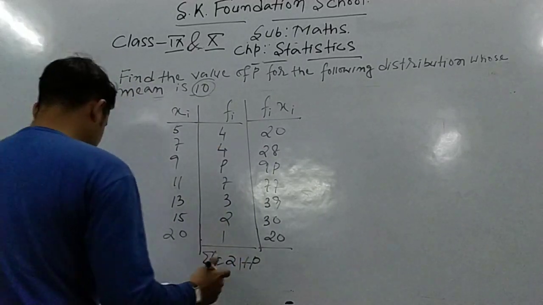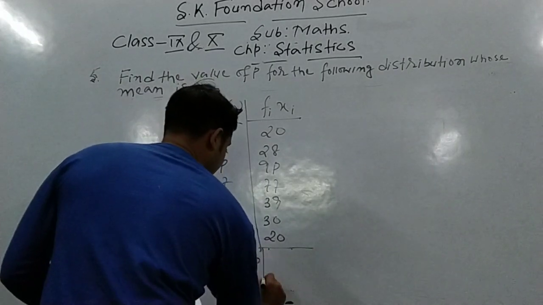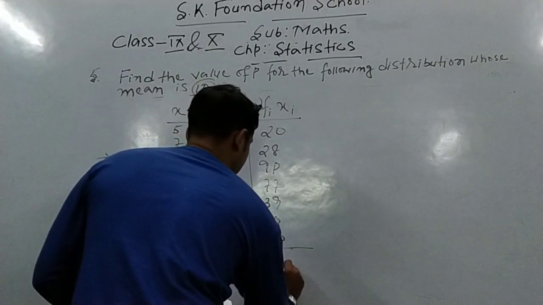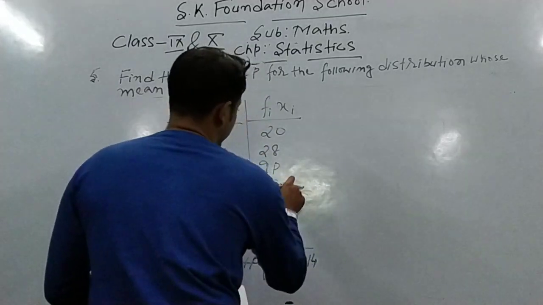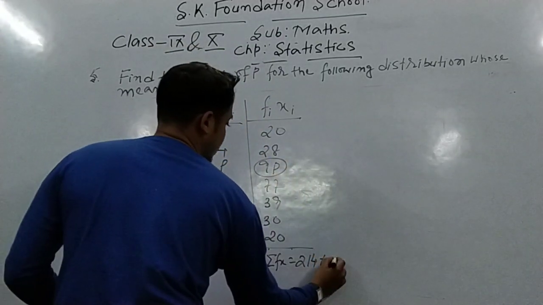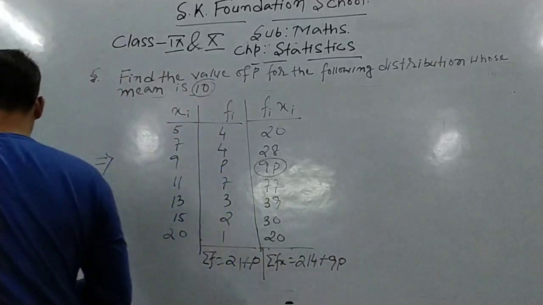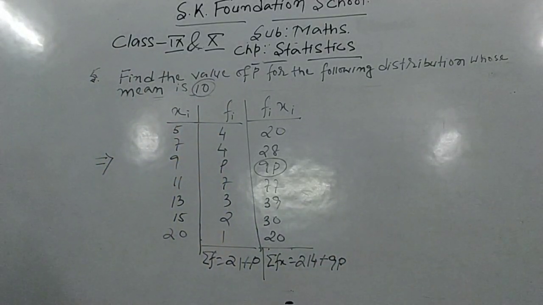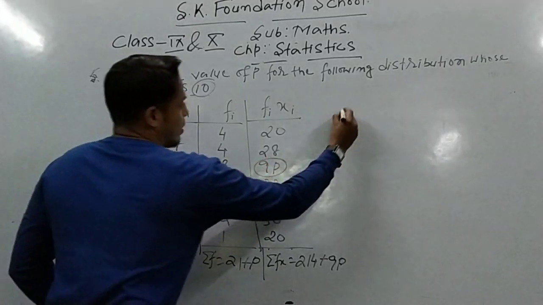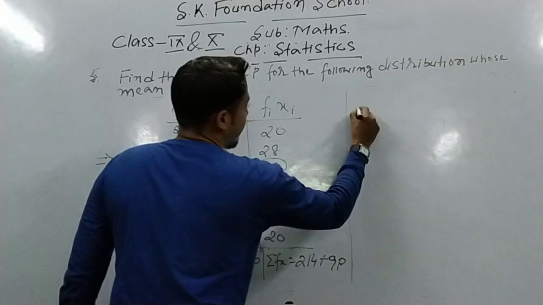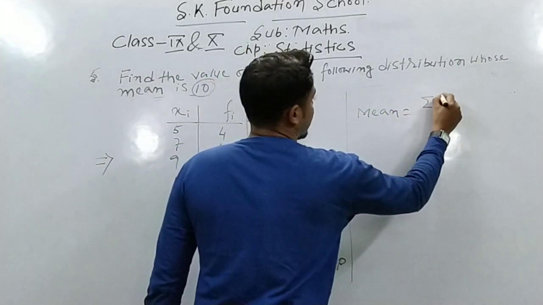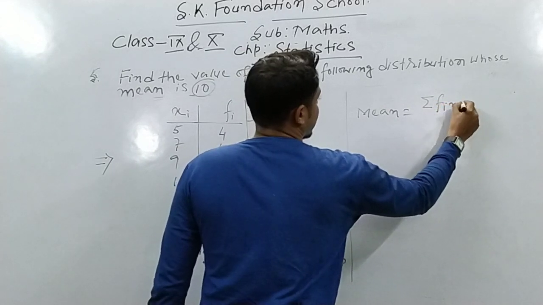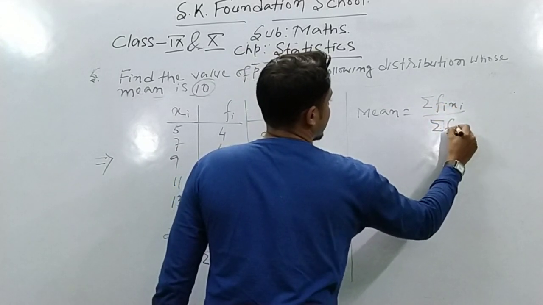And the summation of fx is 214, plus 9p. Then I'm going to find the mean. Mean equals summation of fi xi by summation of fi.